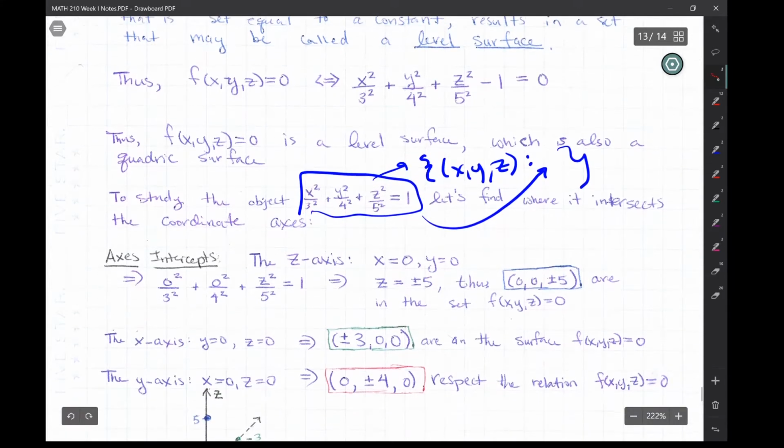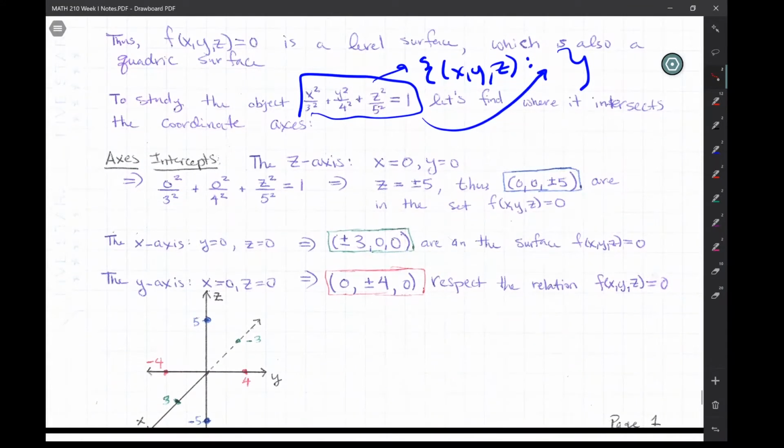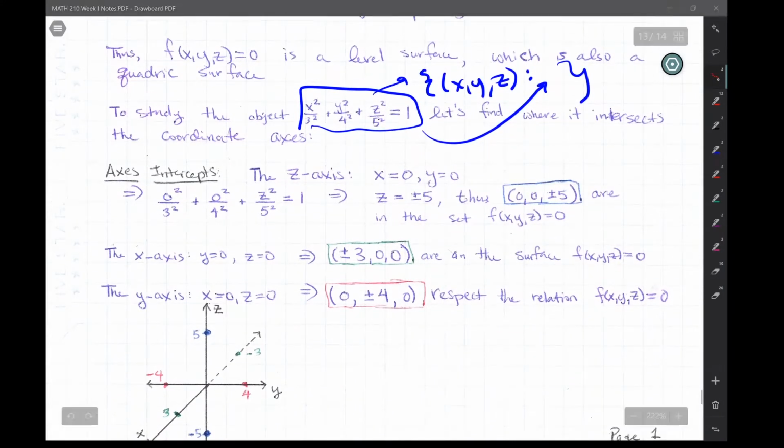Okay, so what's the strategy to finding out how things like this actually look? Well, one strategy we could take at the beginning is to find out where this object here intersects the different axes. For example, let's take the z-axis.